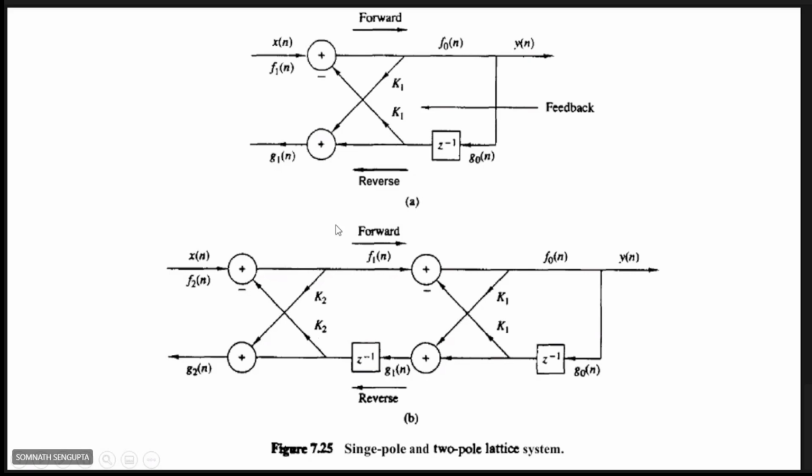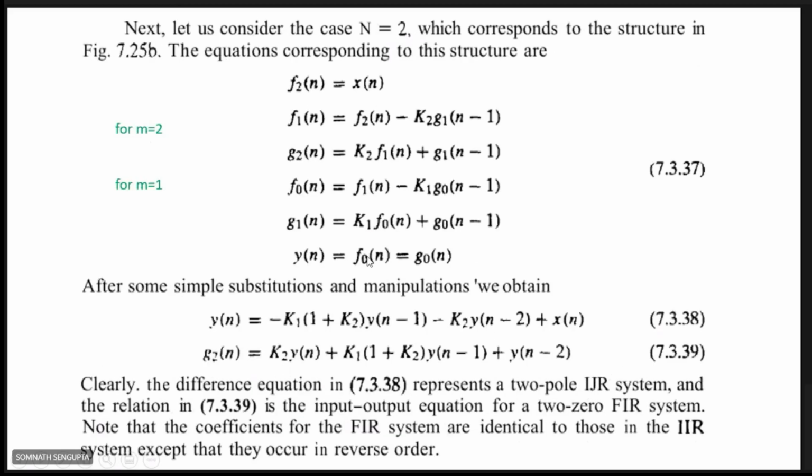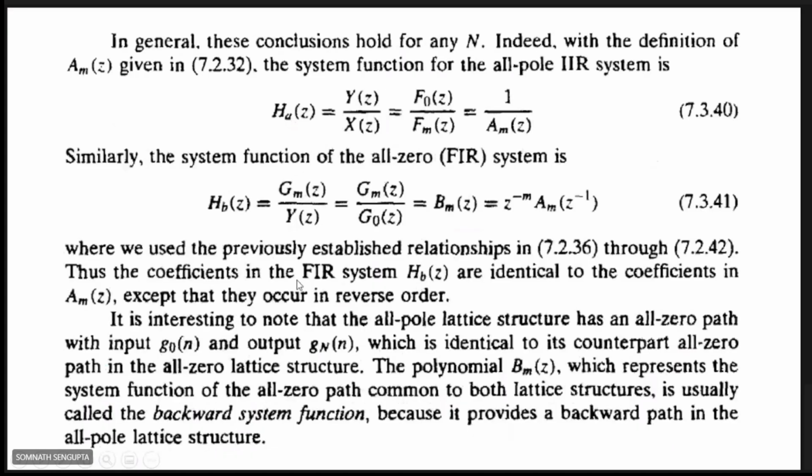Okay, so this way it satisfies the equation. Now these are considered for a two pole system. So there are functions f1, f2, g1, g2, f0, like that. So this is the structure for lattice FIR implementation.